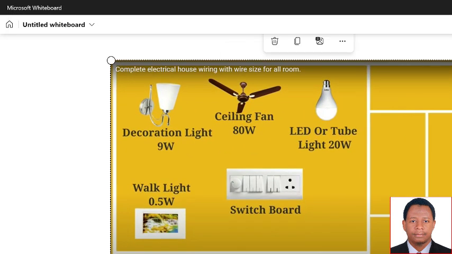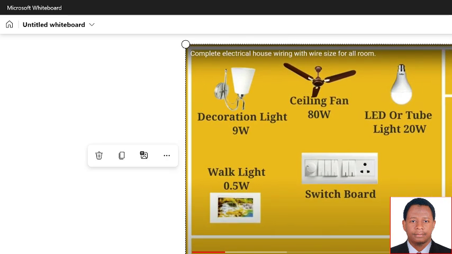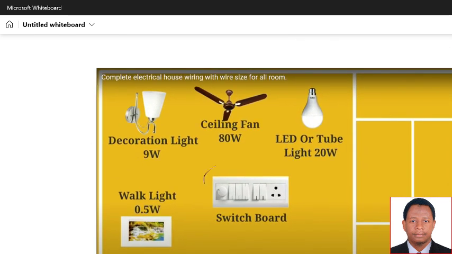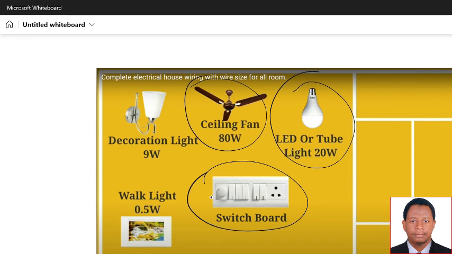If we look at this, we have the switchboard, that is our component. We'll have our switchboard, our fan, the LED tube, the walk light and the decoration light. We already discussed in the previous video how to connect the switchboard.